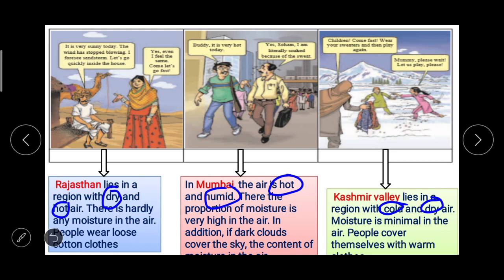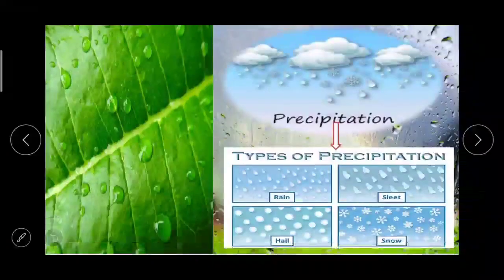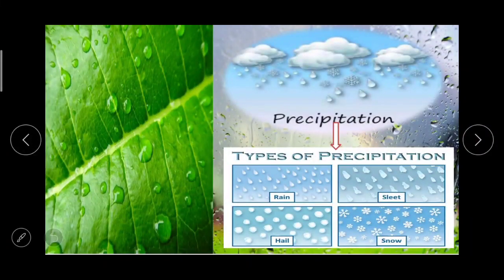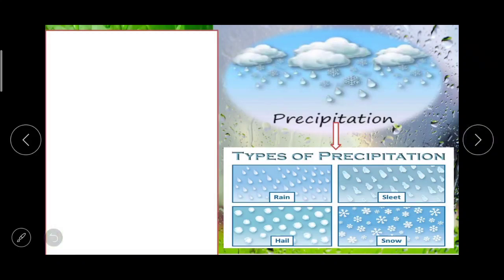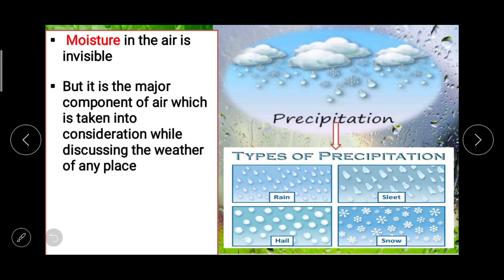So in the discussions given in all these pictures, the words hot, moist, cool, etc. show the condition of the air. They relate to the content of moisture in the air, which is the major component of air taken into consideration while discussing the weather of any place.